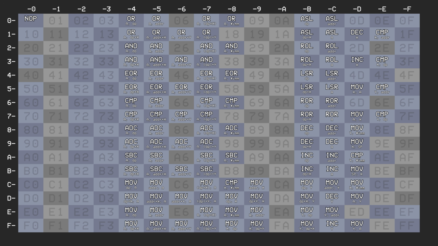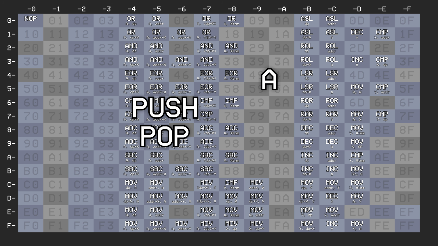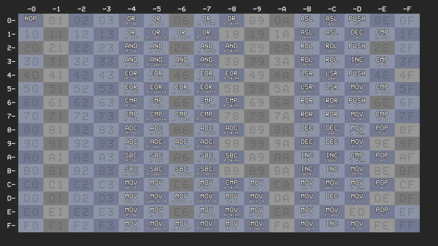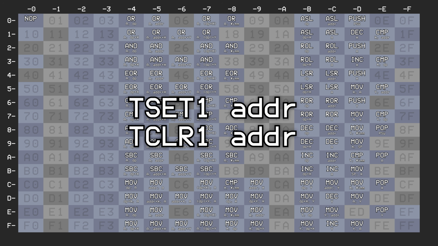There are a set of 8 instructions to push values onto and pop values off of the stack. The 4 registers you can do this with are the accumulator A, index registers X and Y, and the PSW register. There are the tset1 and tclear1 instructions, which are written as TSB and TRB in the 6502 syntax.